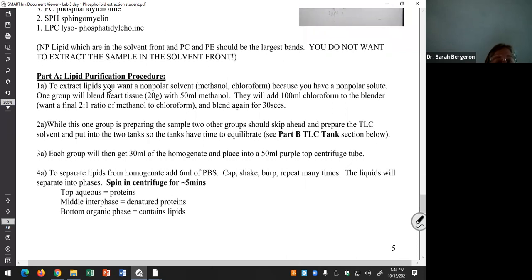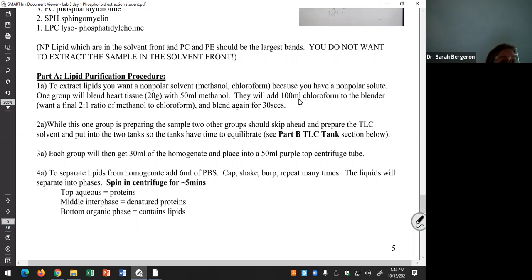So remember how we said that to extract those lipids, we want to get them to come out. So we want a nonpolar solvent. So the nonpolar solvent that we're going to use is a combination of methanol and chloroform, right? So one group is going to go in and blend all of our heart tissue together inside of methanol.